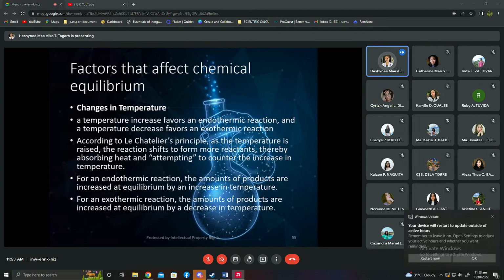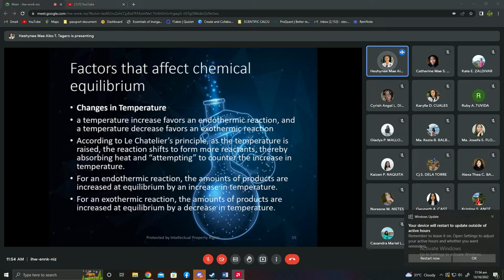So we need to consider whether the reaction is endothermic or exothermic. So I do not know if you have encountered these terms before. Okay, but to simplify, endothermic reaction is a heat absorbing reaction, whereas exothermic reaction is a heat releasing reaction.